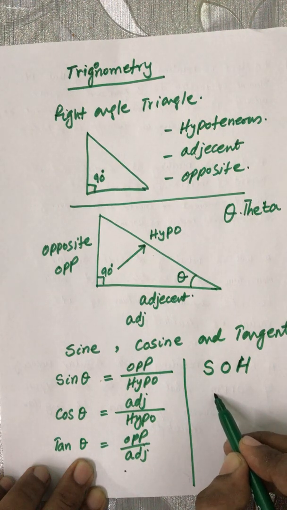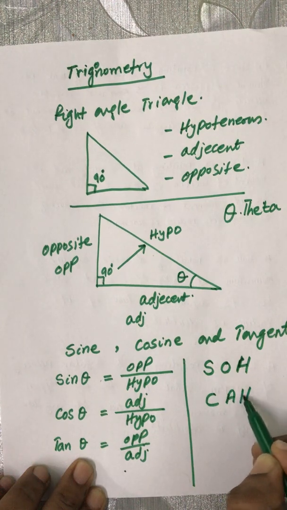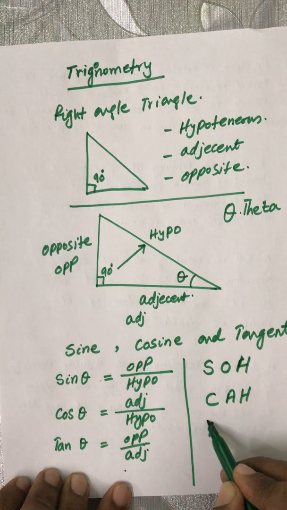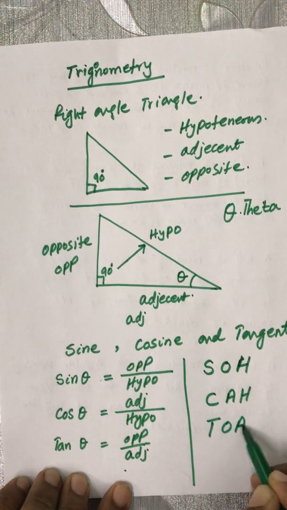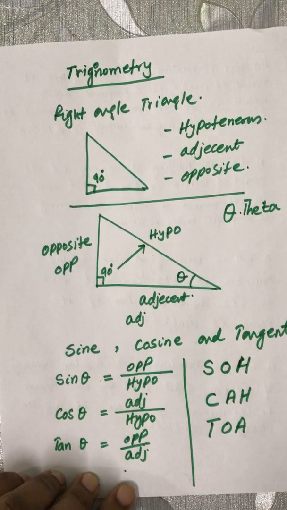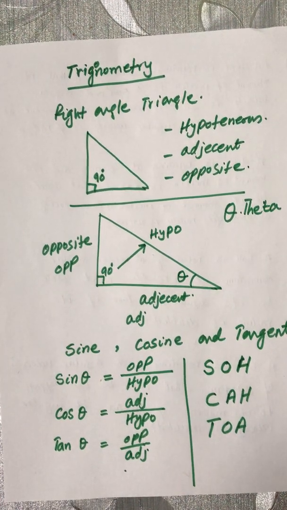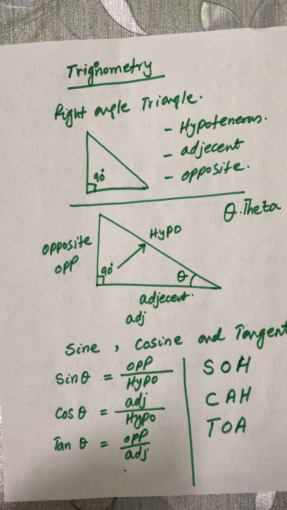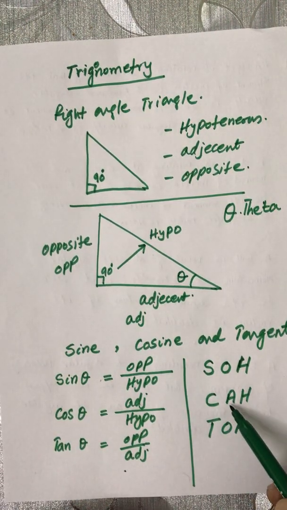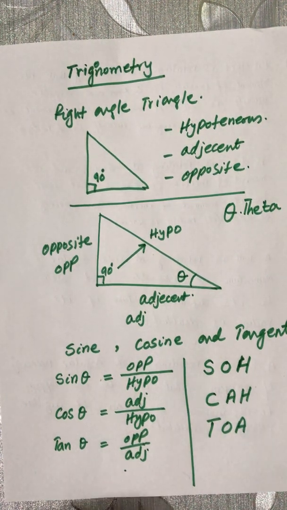Cosine is adjacent over hypotenuse, and tangent is opposite over adjacent. Some people memorize them like this: SOHCAHTOA. If you like, you can memorize these three trigonometric ratios like SOHCAHTOA. For sine, opposite over hypotenuse. Cosine, adjacent over hypotenuse. And tangent is opposite over adjacent.